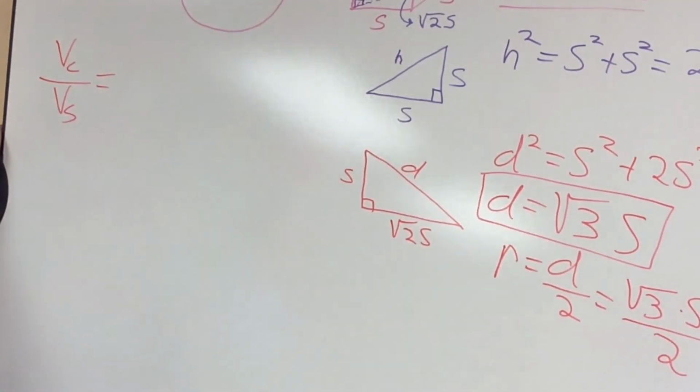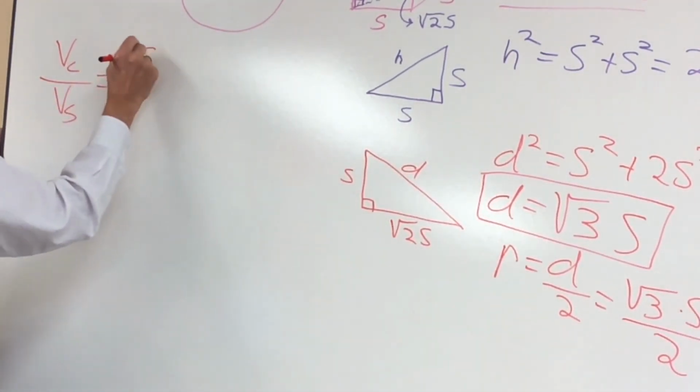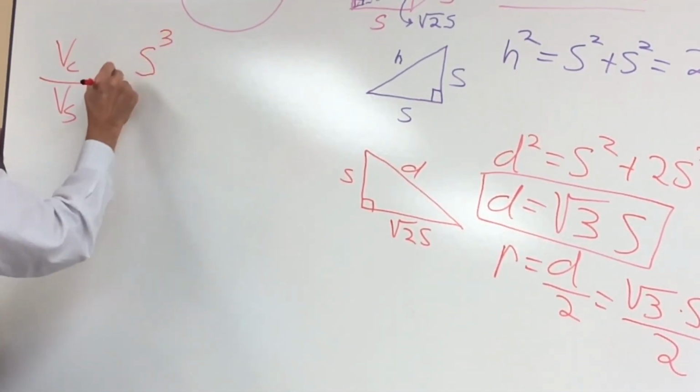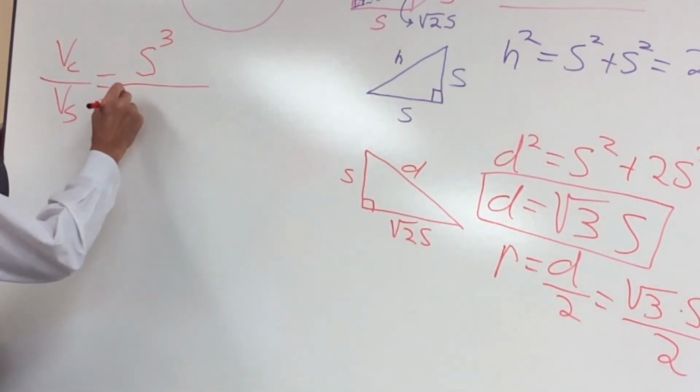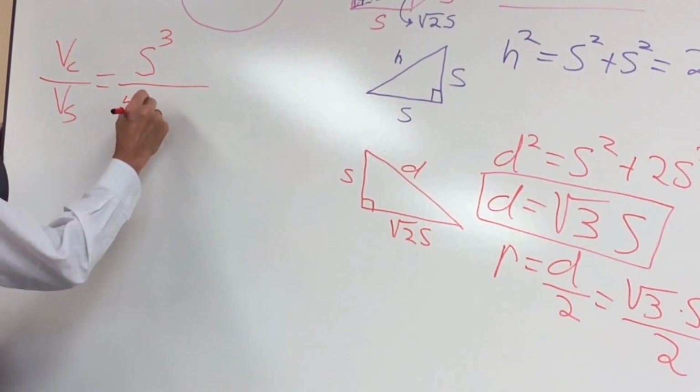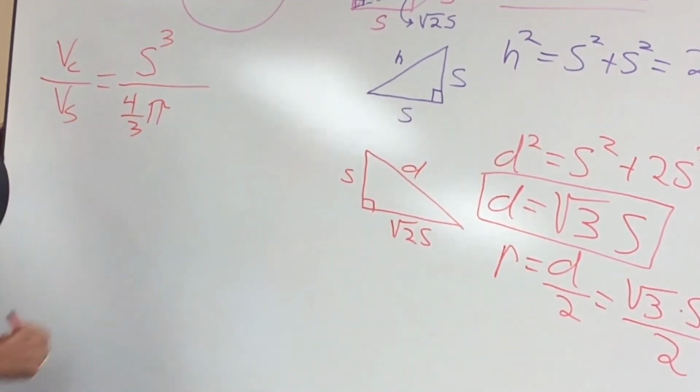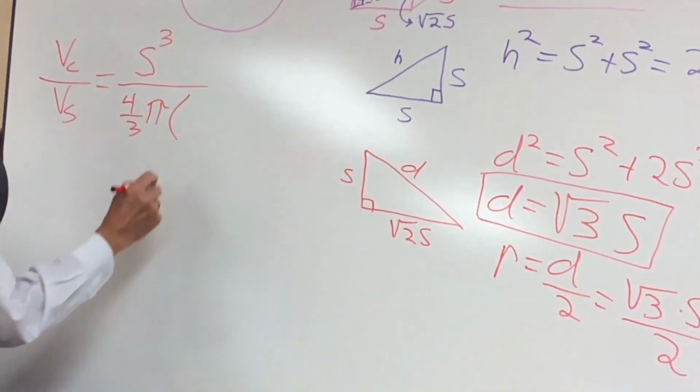Well, the volume of the cube, we said, is s times s times s. So that's going to be s cubed. And the volume of the sphere is 4/3 pi r cubed. So I'll put this in here.